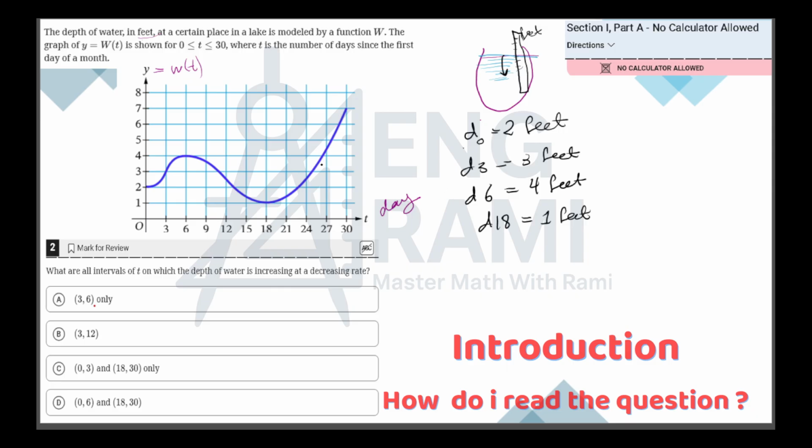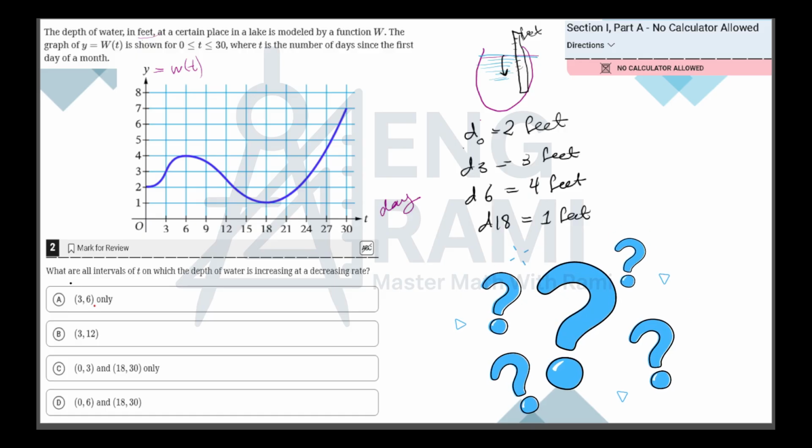What we are looking for? This is just an introduction on how to understand this question: we have a graph which represents the depth of the water along 1 month. Those are the days of that month. The water in the lake is increasing and decreasing.